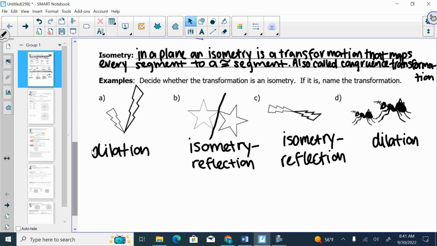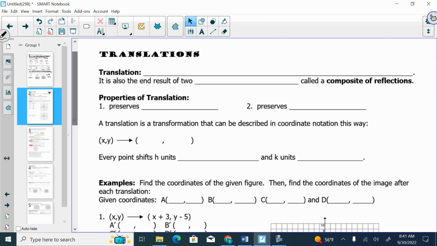Okay, if you'll flip it over onto the back of that page, we're going to talk about translation. All right, so translation is the result of a movement in one direction.